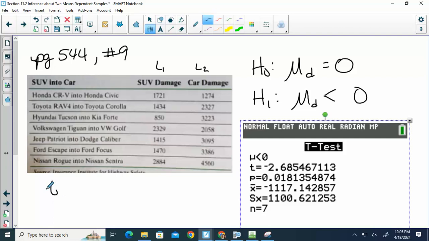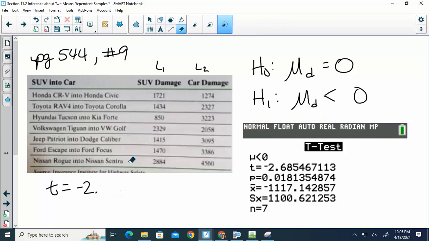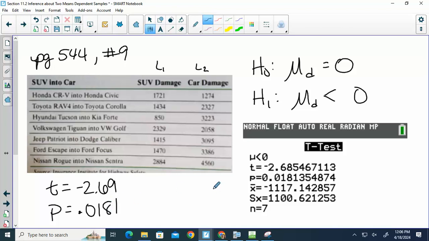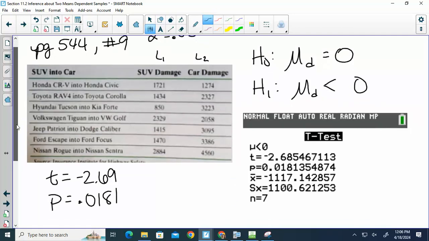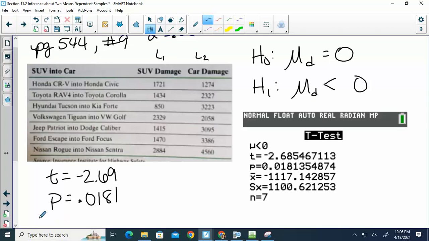So our t is -2.69 if we round. The p is 0.0181. Let's say on this problem it had said that alpha was 0.05. So do we reject or fail to reject?